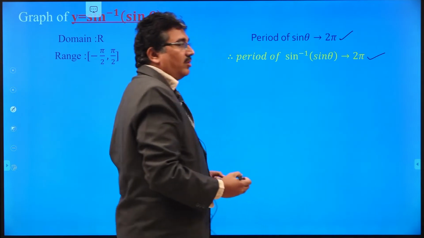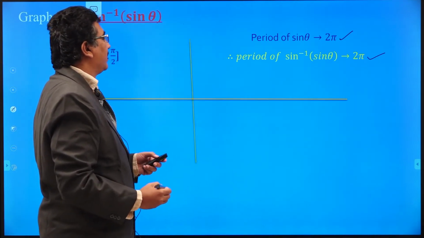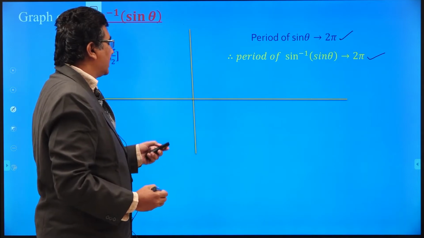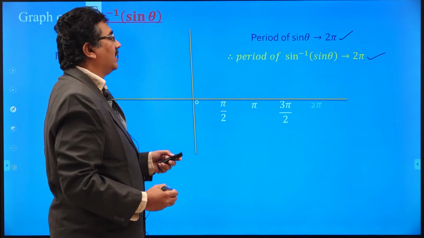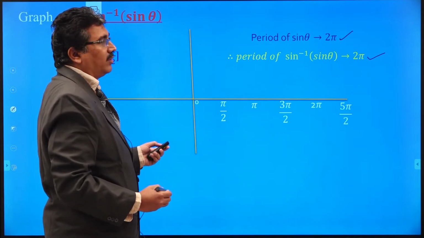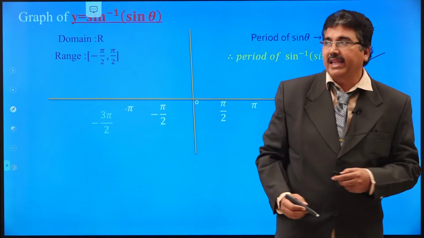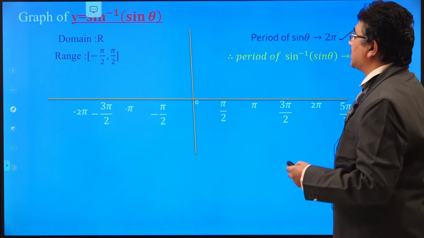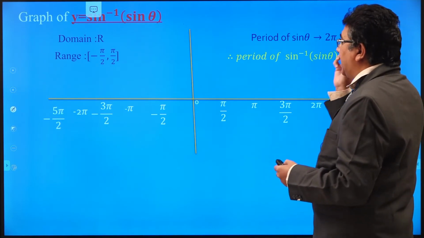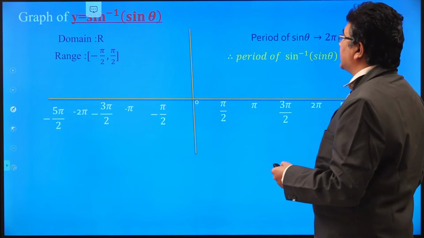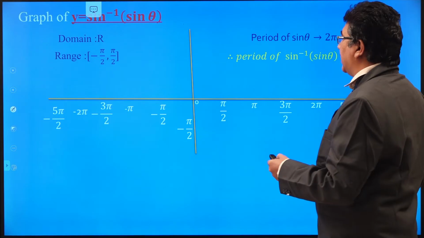Now, take the domain values on the x-axis, that is 0, pi by 2, pi, 3 pi by 2, 2 pi, 5 pi by 2, minus pi by 2, minus pi, minus 3 pi by 2, minus 2 pi, minus 5 pi by 2. Range values on the y-axis, that is minus pi by 2 and pi by 2.